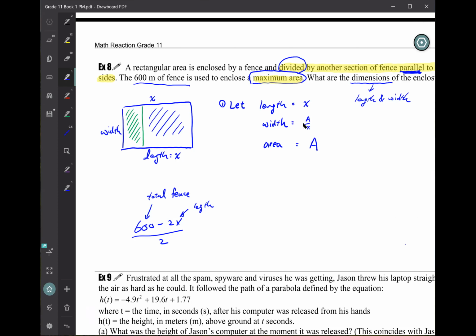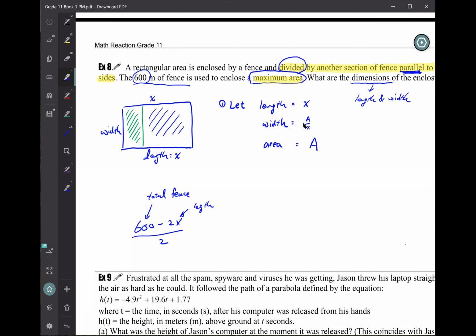Then if you try to connect everything, it doesn't include the 600 meter, right? The width would be 600 divided by x.